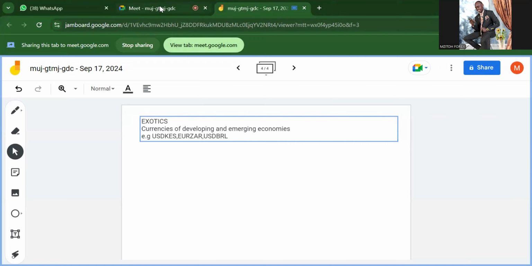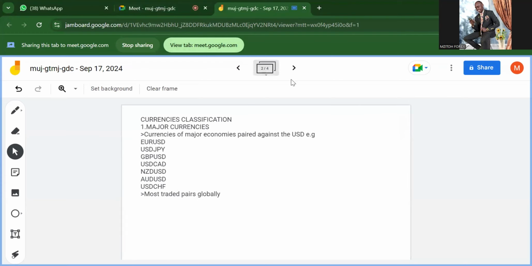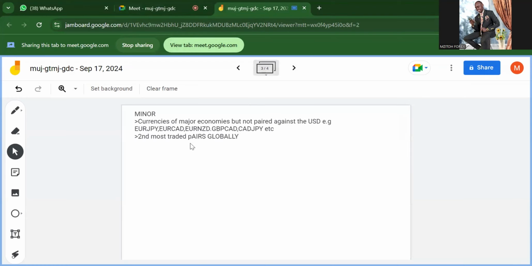That is the platform that we'll be using in trading Forex, and you will find all these currencies we are mentioning here. But our concern will be on major currencies and minor currencies. We will avoid trading the exotic because, as I've just mentioned, there is high risk involved in trading exotic currency pairs.